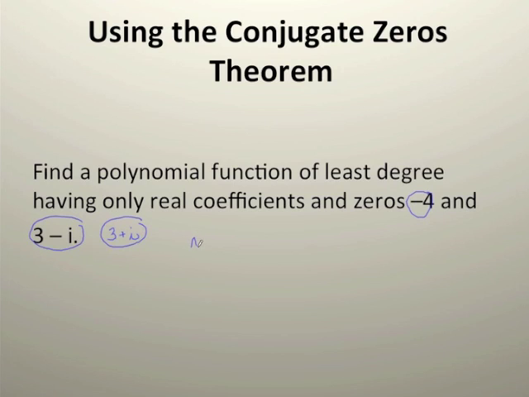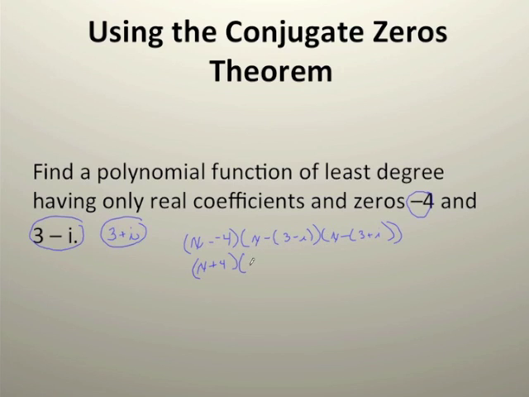So we know that the factors of the polynomial would be x minus negative 4 times x minus 3 minus i times x minus 3 plus i. Do remember to put those 3 minus i and 3 plus i in an extra set of parentheses, so we're subtracting the whole thing. I'm going to multiply the complex terms first.